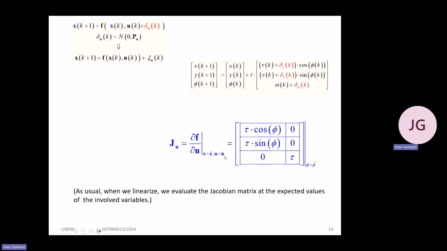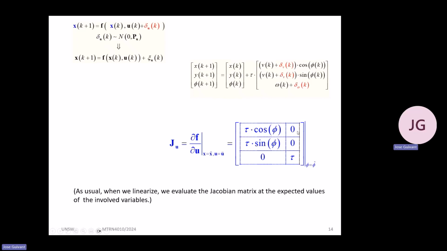The inputs are 2, so this is going to be a 3 by 2 matrix, because I'm taking the partial derivative of a function which has 3 components with respect to the input vector, which has 2 components. So I take the partial derivative with respect to the first component of the input vector, which is the longitudinal velocity, and with respect to the heading rate.